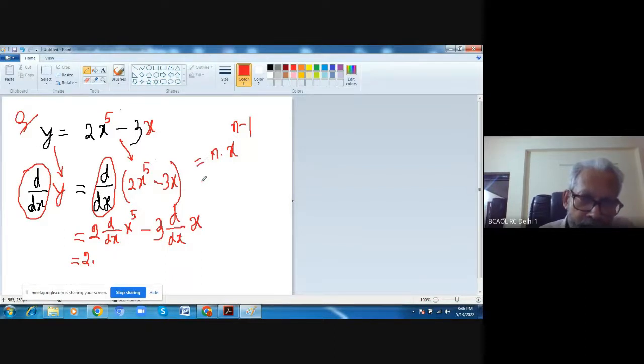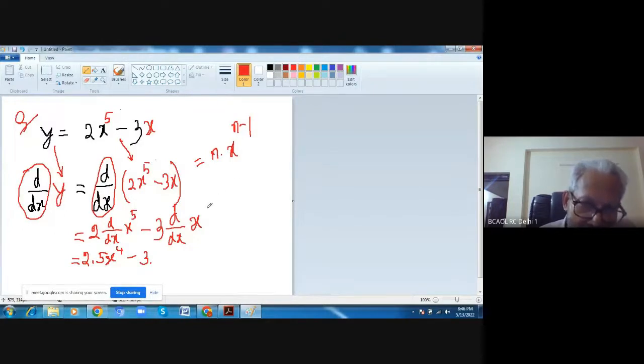Okay, so n in this case is 5. So 5 will come. Then x to the power n minus 1 means 5 minus 1, so 4. So x to the power 4, minus 3 is already there. Now here x, so the same thing will come.